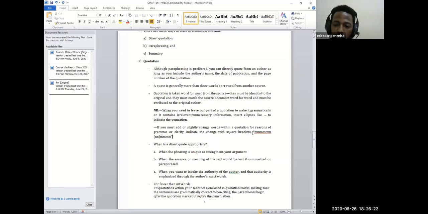This means that you took a direct quotation of somebody, but you have changed some part of his words, for example, if the use of the language is incorrect or inappropriate, or grammatically erroneous.